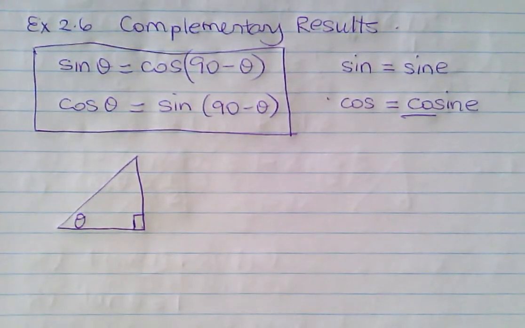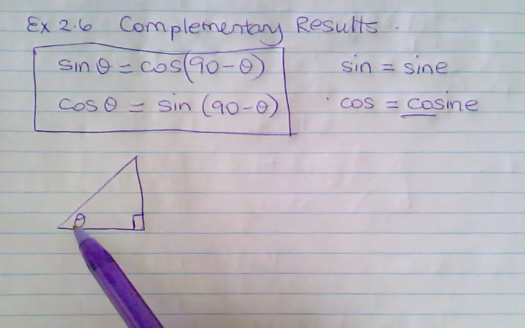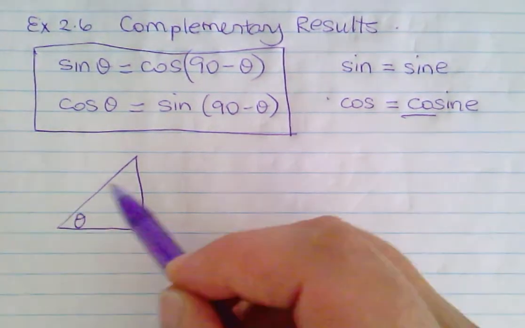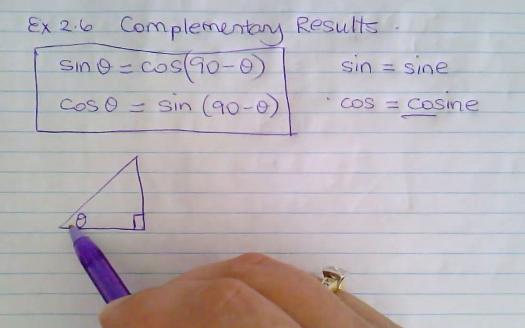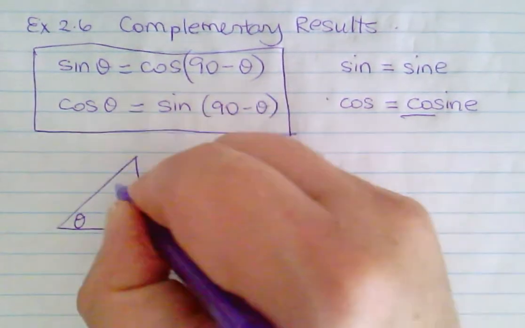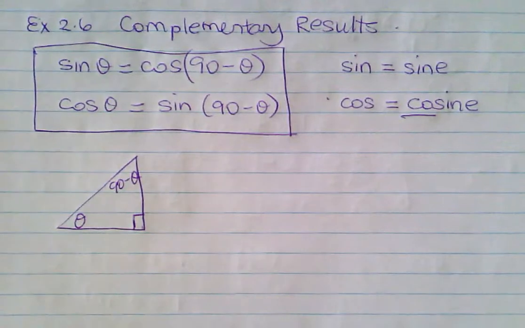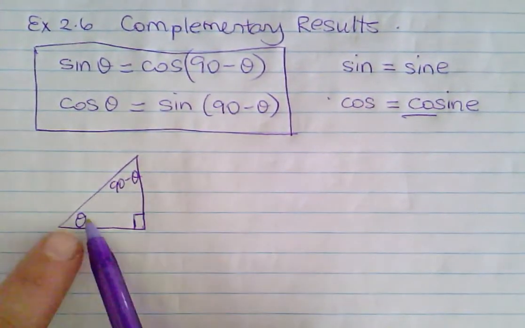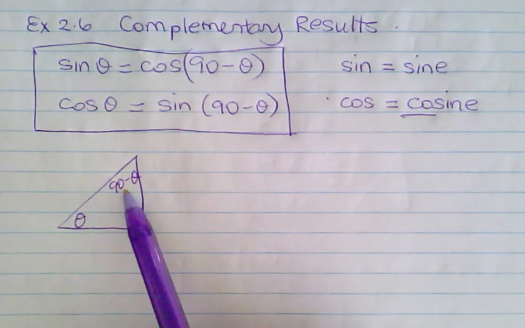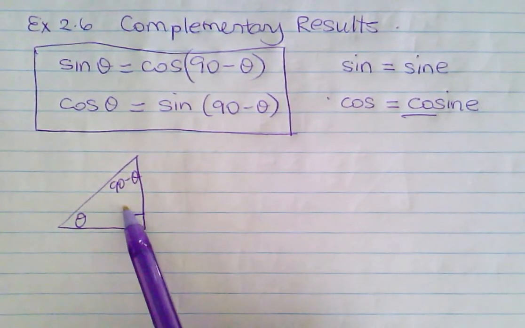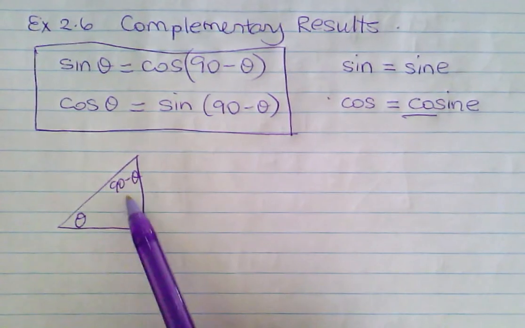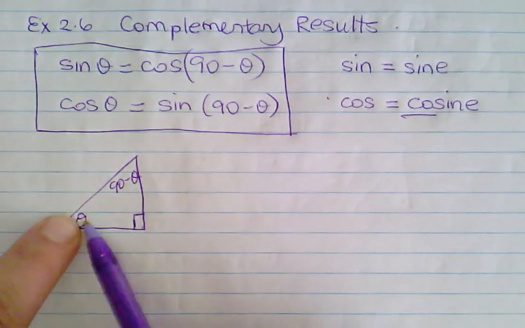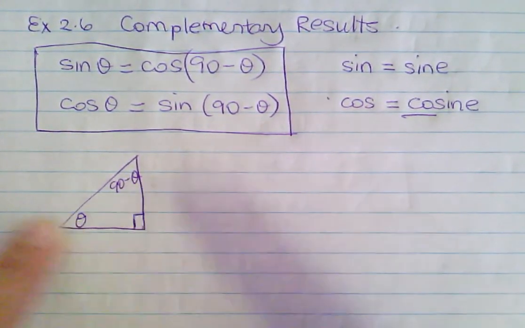So if that's theta, this one is 90 minus theta. If that's 10, this one's 80. If that's 20, this one's 70. If theta is 30, then 90 minus 30 is 60.